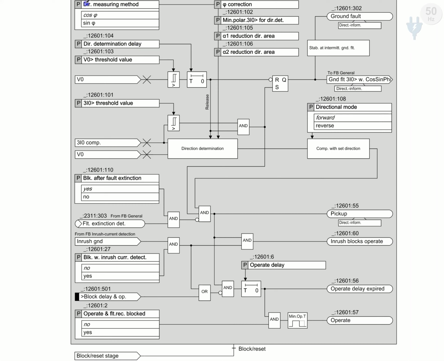So during the setting, first we select the method for the measuring of the direction, whether sine or cosine, based on our system grounding, and the phi correction, that is the tilt angle of the symmetrical axis, which we discussed, and minimum polarization zero sequence current for direction determination.